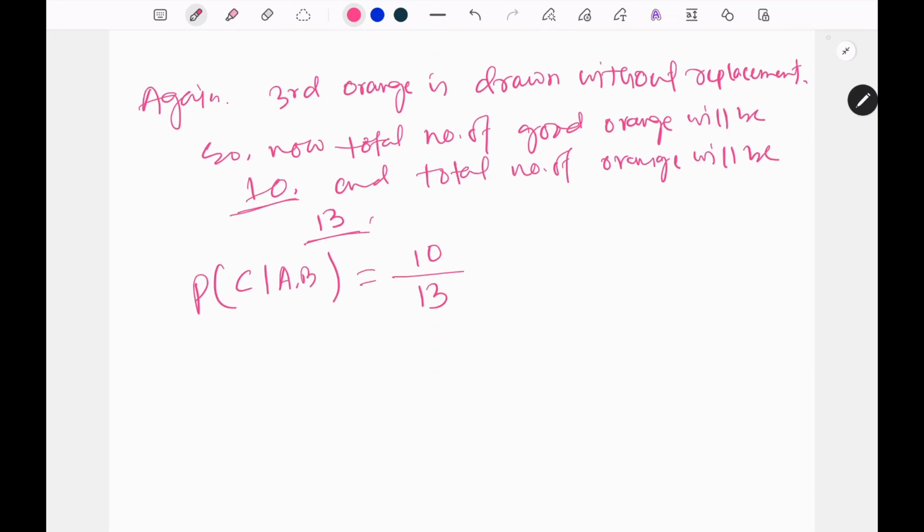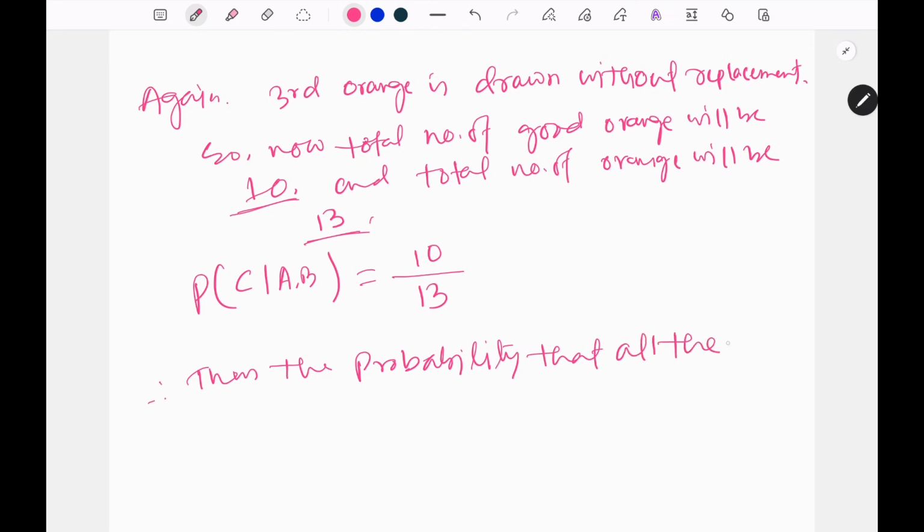Now we have to write the probability that all the oranges are good.